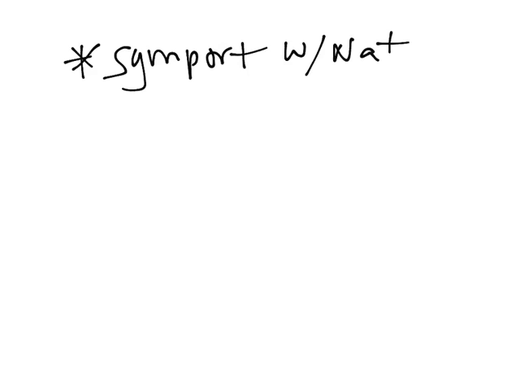Okay, so this process is going to be symport with sodium. So symport means that we're having transport at the same time, and that transport is going in the same direction. So when you guys do your presentations, you should determine if your process is uniport, symport, or antiport.